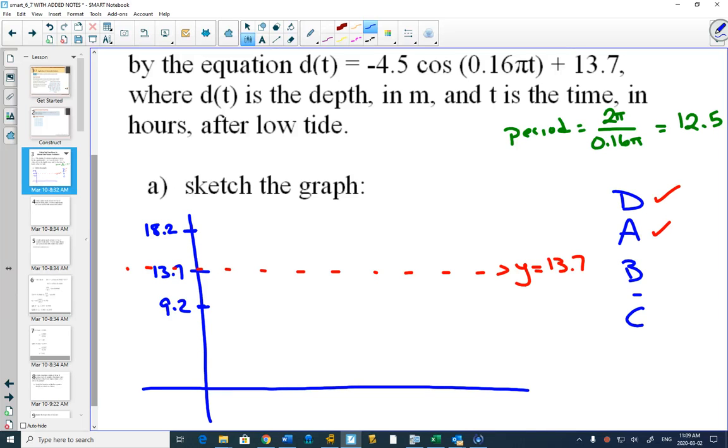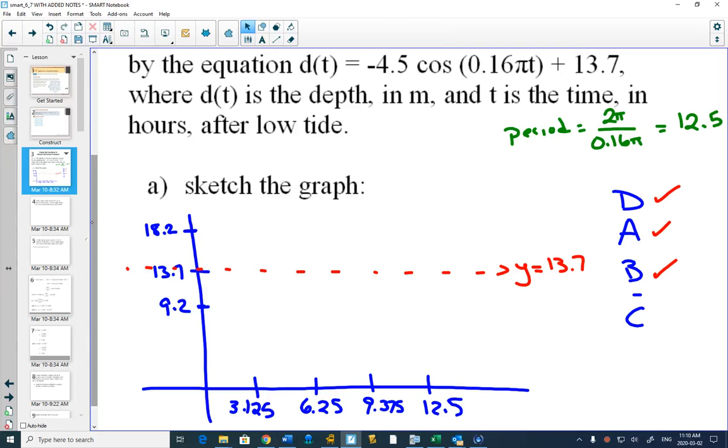So if our period's 12.5, we mark that somewhere on our x-axis and divide it into 4 equal sections. Half of 12.5, 6.25. Half of 6.25, 3.125. 3.125 times 3, 9.375. The B value is now done.